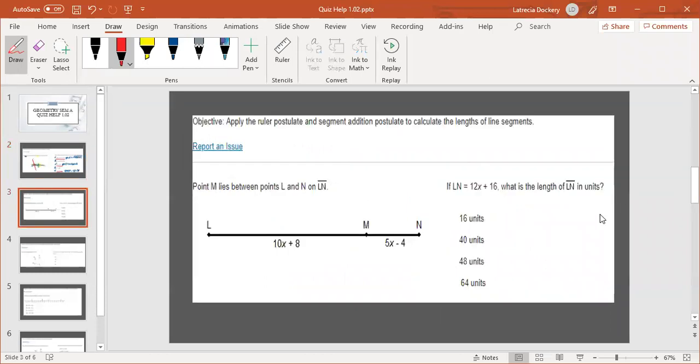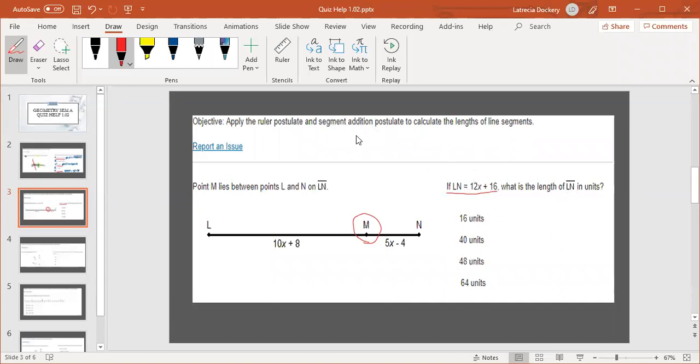Next question. Point M lies between points L and N. So here is M on line LN. Okay, is M in the center? No, it is not a bisector because that is not the center, is it? Okay, if LN equals 12x plus 16, what is the length of LN in units? All right, so we have to figure out what the units are.